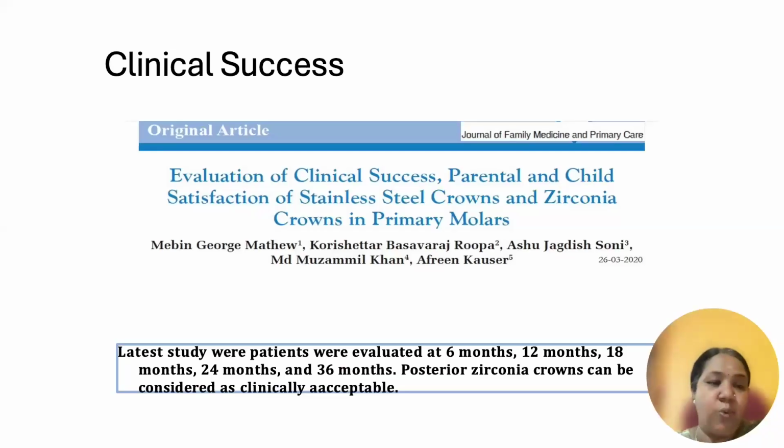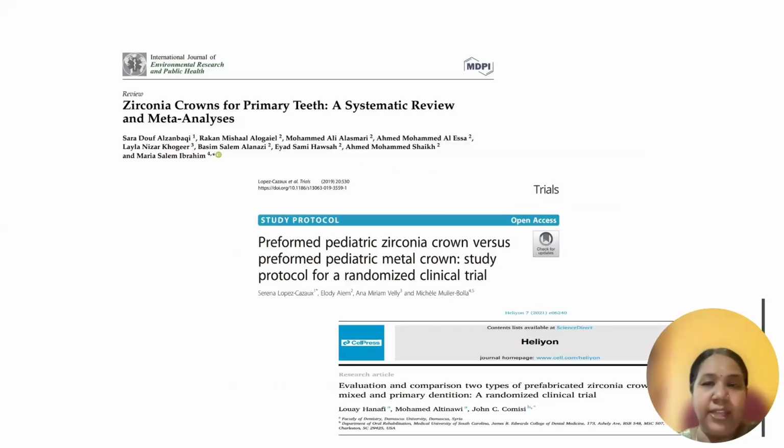So this is one study which I would recommend for you to read and quote for clinical success of zirconia crowns. There are some other studies or systematic reviews on zirconia crowns for primary teeth, which you could definitely go through when you're preparing.